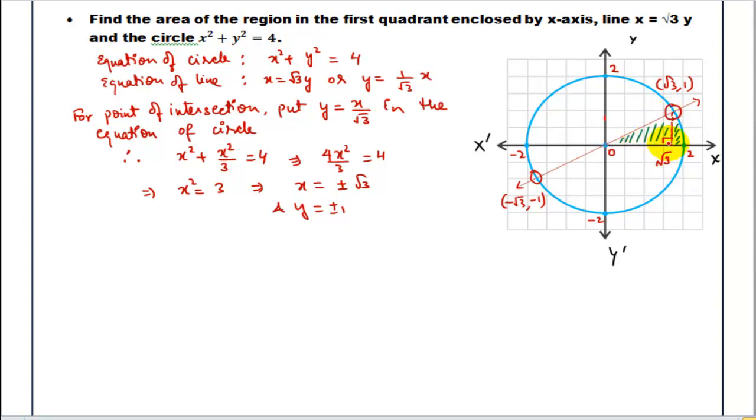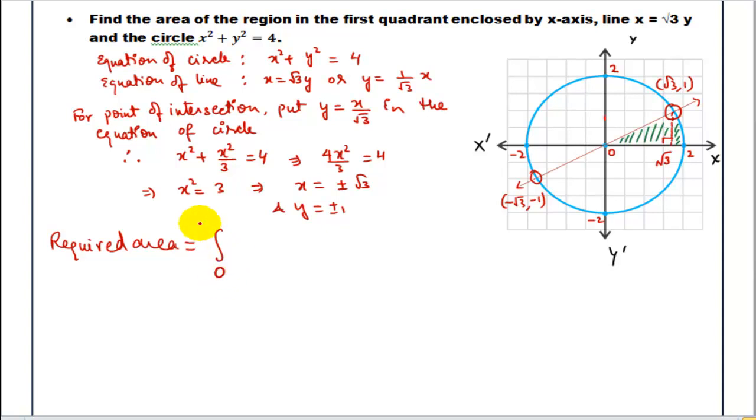But from x is equal to root 3 to x is equal to 2, the shading is under the circle. So how are we going to write the required area? Required area will be sum of two areas. Firstly, the area under the line, and the next part is the area under the circle.